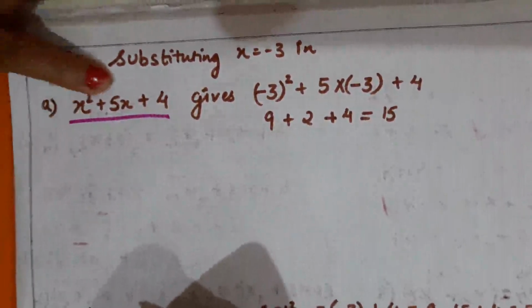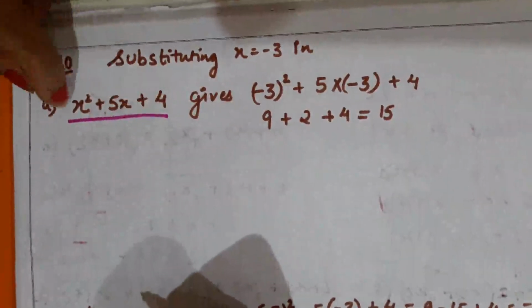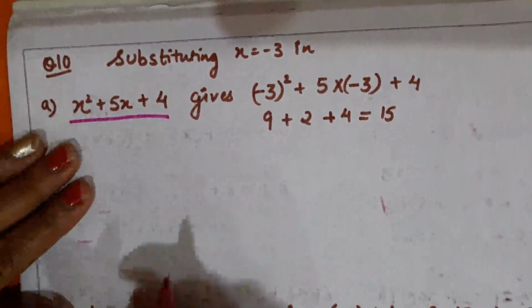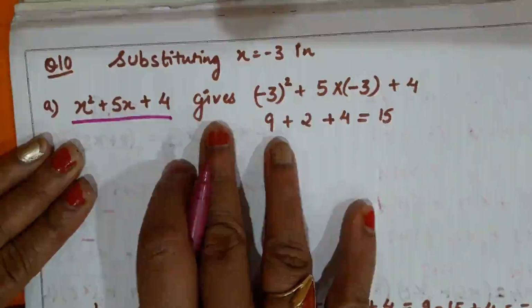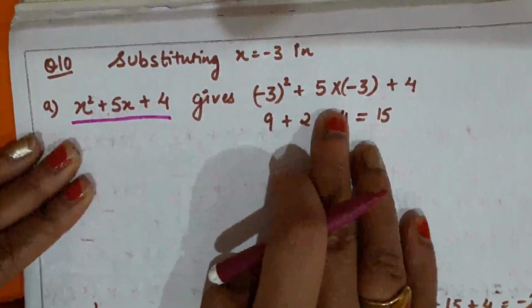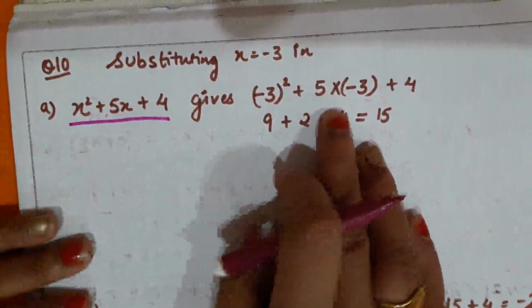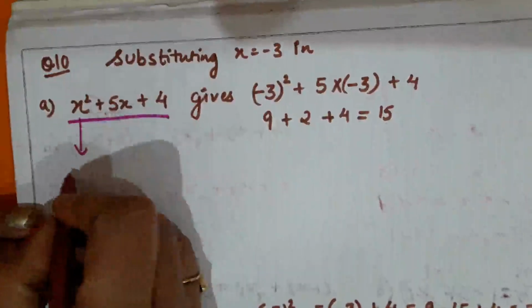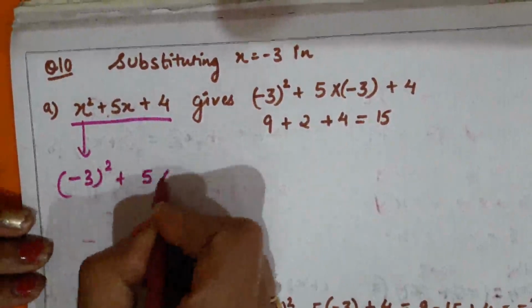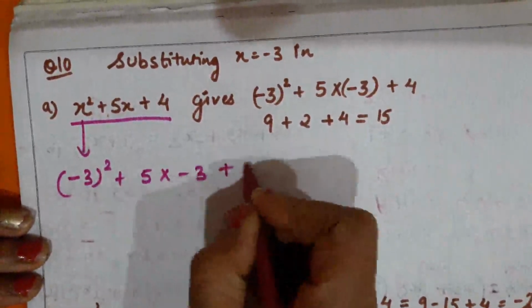So instead of x we need to put -3. Concentrate here: according to this statement, if we put -3, is it right or wrong? I am also solving, then we compare. So instead of x square, I am putting (-3) whole square, then 5 into -3 plus 4.